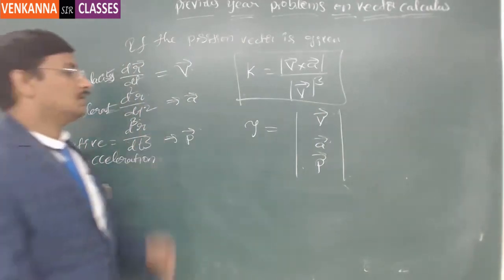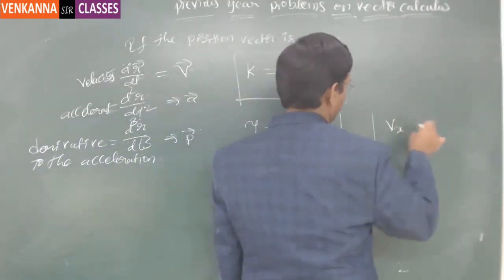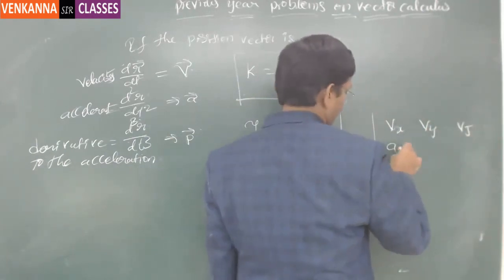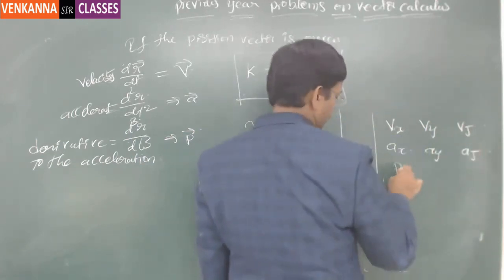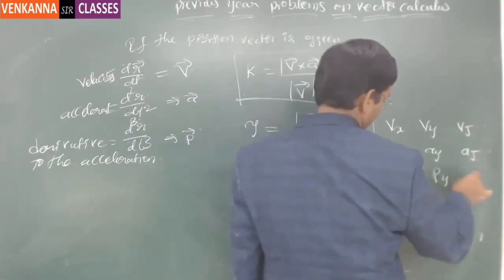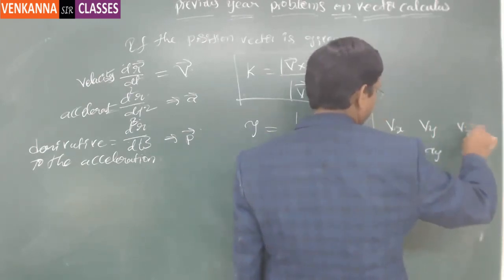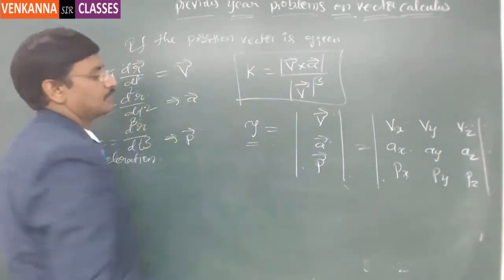So I write this as Vx, Vy, Vz, and similarly Ax, Ay, Az, and this is Px, Py, Pz. Now this determinant value straight away will give the torsion magnitude.